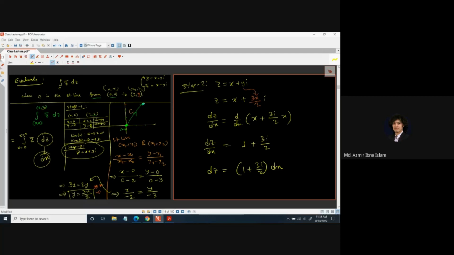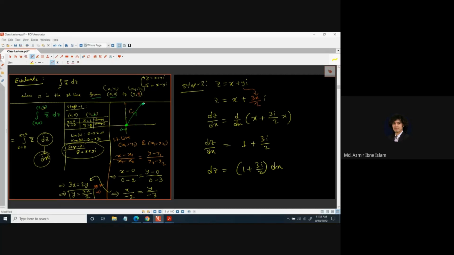So when both x and y are changing, we need a curve y equal to 3x by 2 so that we can replace y or x by that function, so that we can find dz easily, and we can convert dz to our known variable dx or dy.